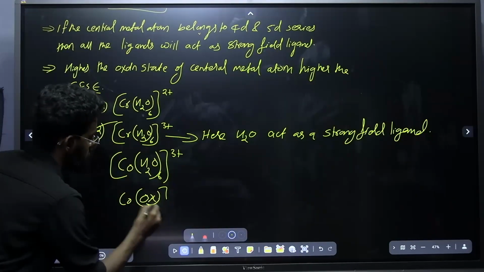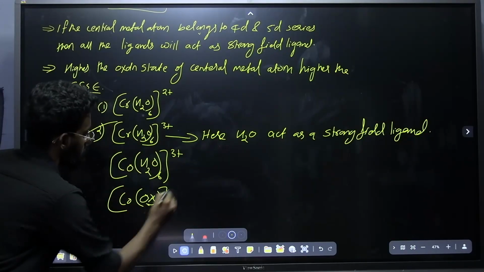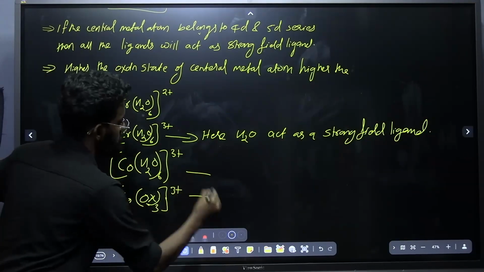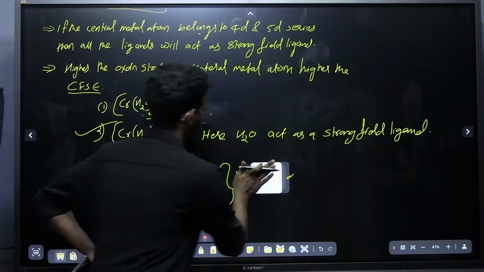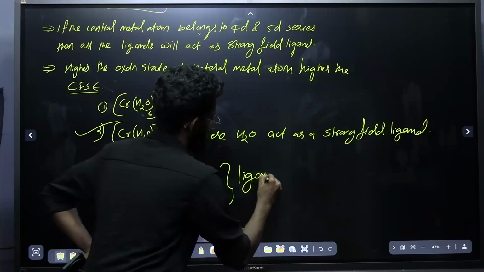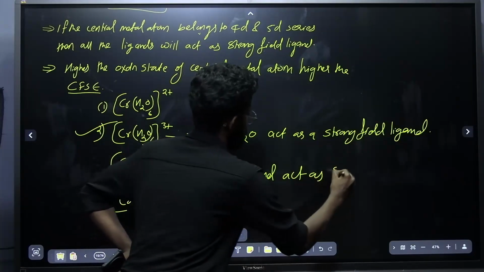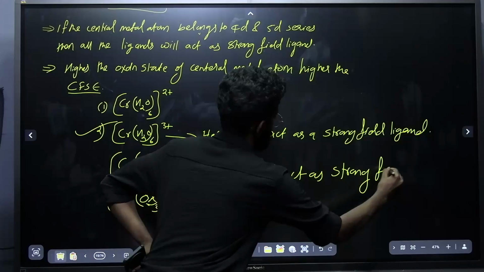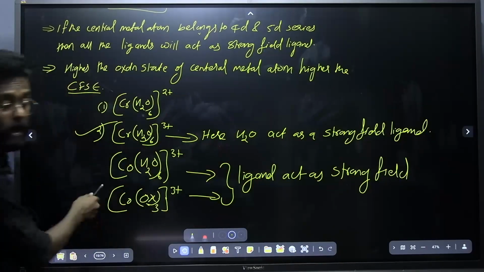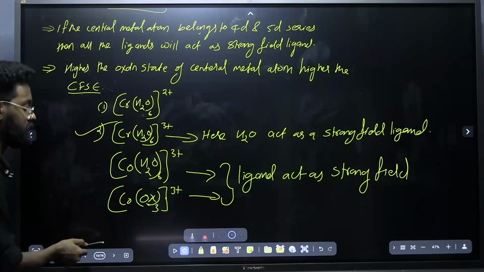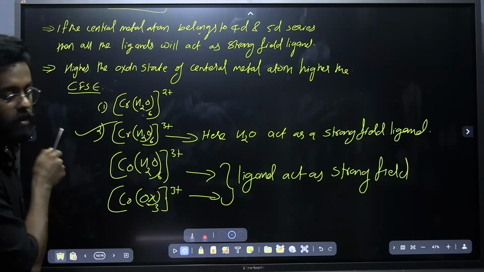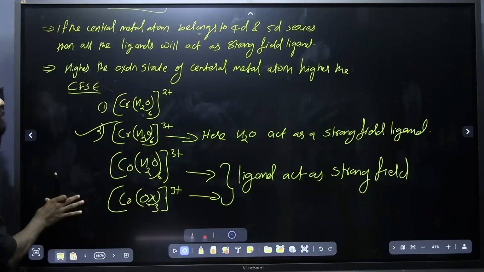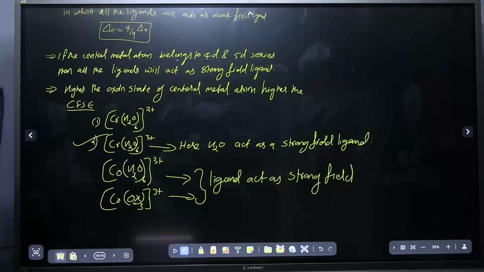Oxalate is a bidentate ligand. In all these cases H2O ligand acts as strong field. This is clearly mentioned in the NCERT. Note down, this is mentioned in the NCERT. That is why I am adding it here, because NCERT things have high probability of being asked in the NEET exam. So just note down these things. Okay. Are you clear, students?